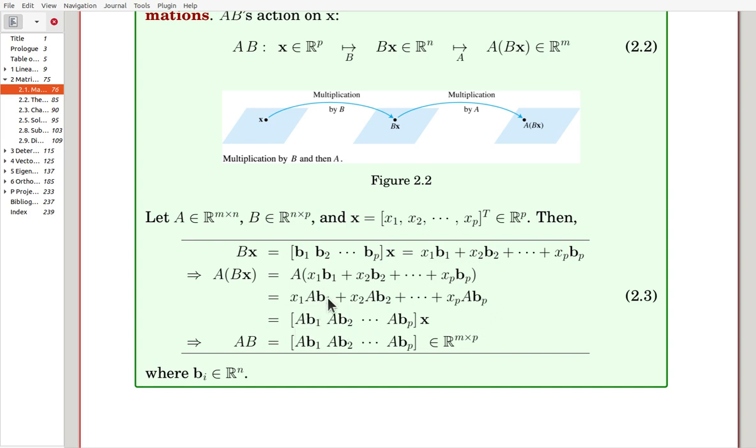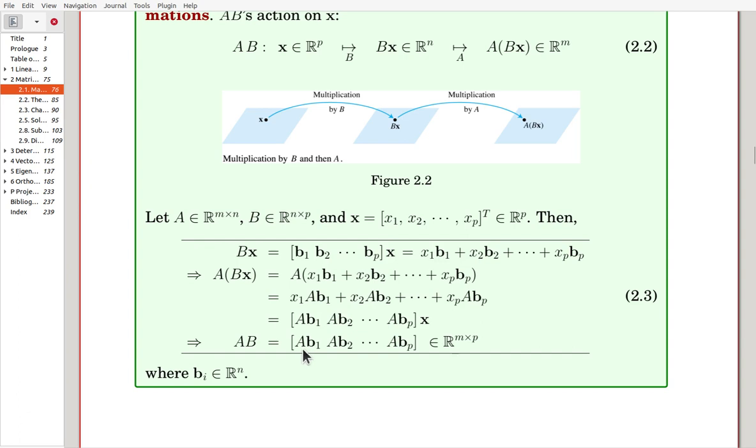Ab1 is a vector, so we collect these vectors and X here. If we look from the beginning to the end, the action of AB on X is given in this way, so the product AB must be the same as this one. That is the conclusion: AB is now the collection of matrix-vector multiplications.